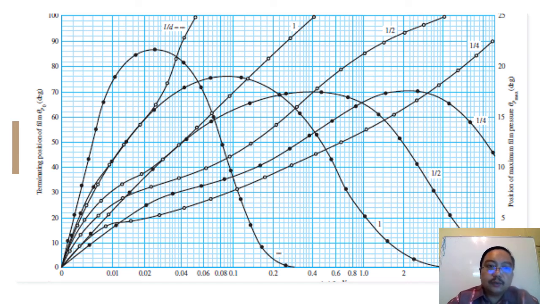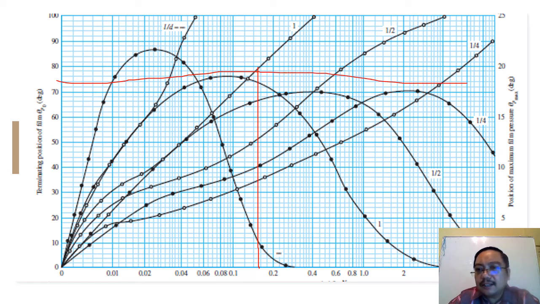Okay, from figure 12.22, here is figure 12.22. You can see if you extrapolate 0.135, you can get the terminating pressure position of 75 degrees here, and then from this you get 18.5 degrees here.